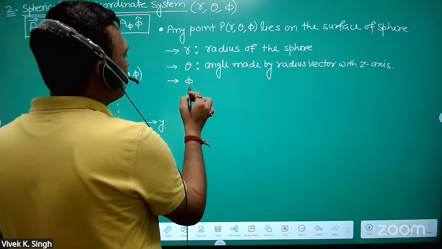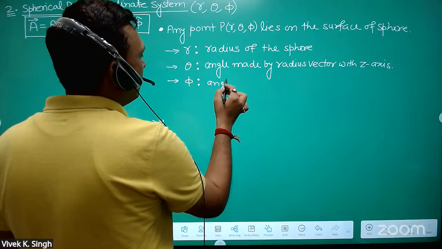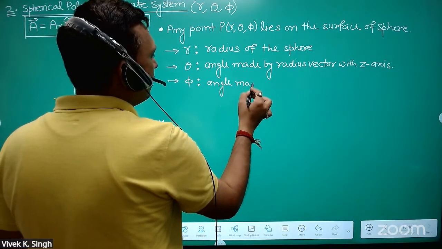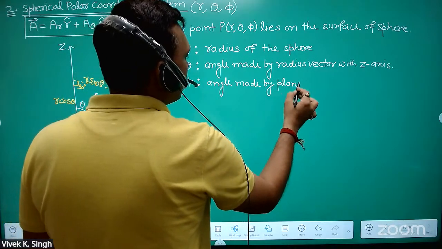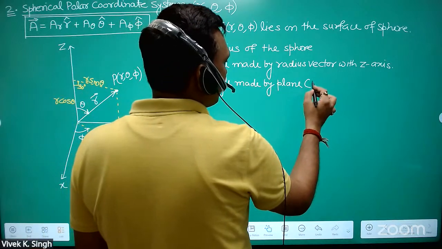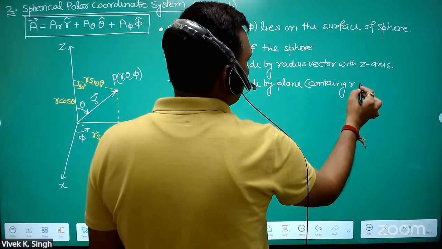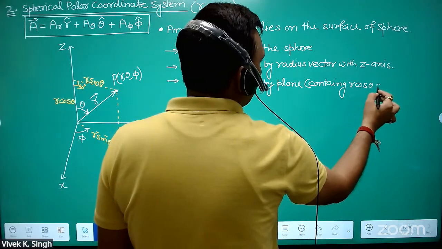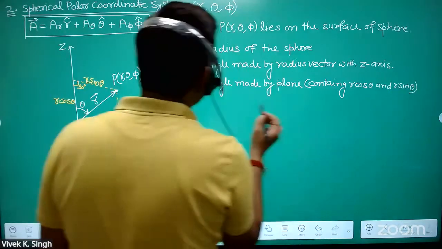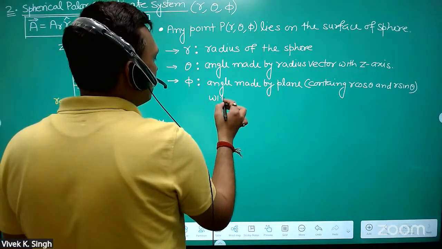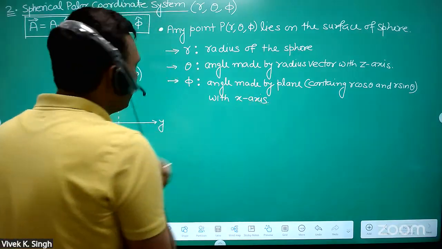So phi is the angle made by the plane containing r cos theta and r sin theta with the x-axis.